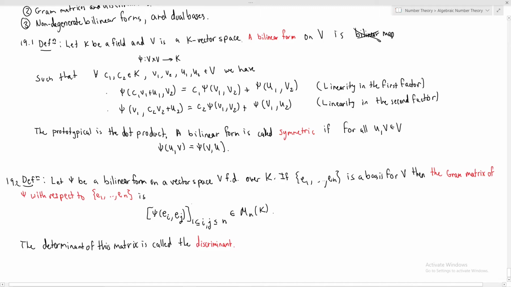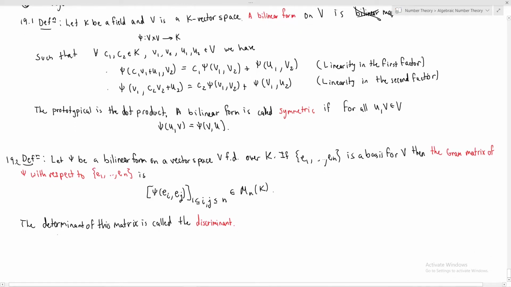It turns out the Gram matrix is kind of all you really need to know about a bilinear form. So here's the 19.3 important remark.